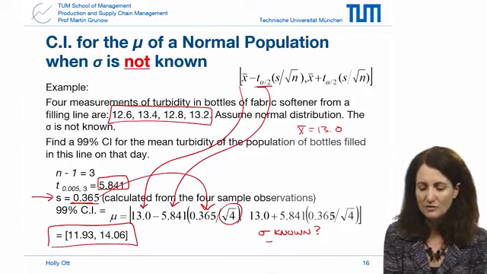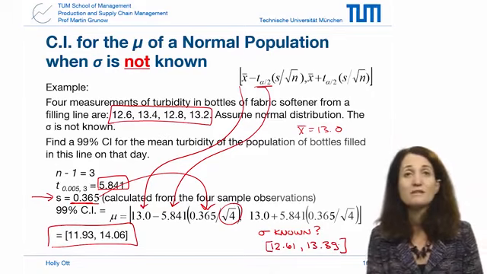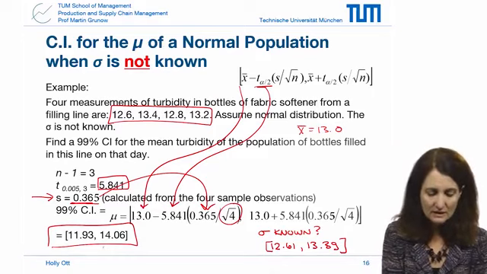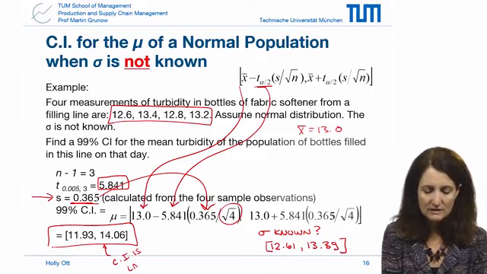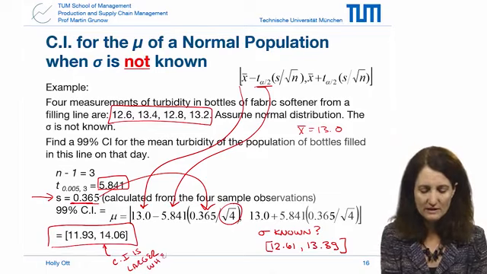Well, how did that compare to the situation when sigma is known? In this case, if you remember, it was 12.61 and 13.39. Which confidence interval is bigger? The confidence interval is larger when sigma is unknown.